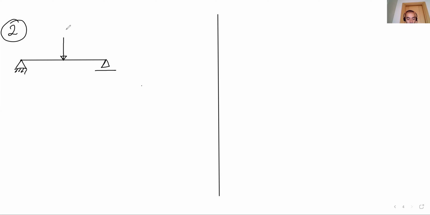This is P1. This is P2. The length of the member here is 5 meter, 5 meter.